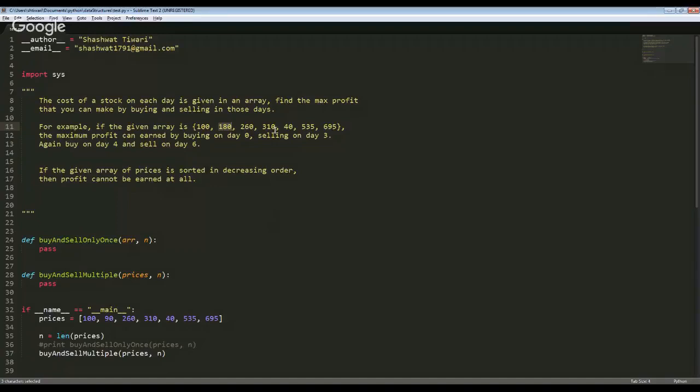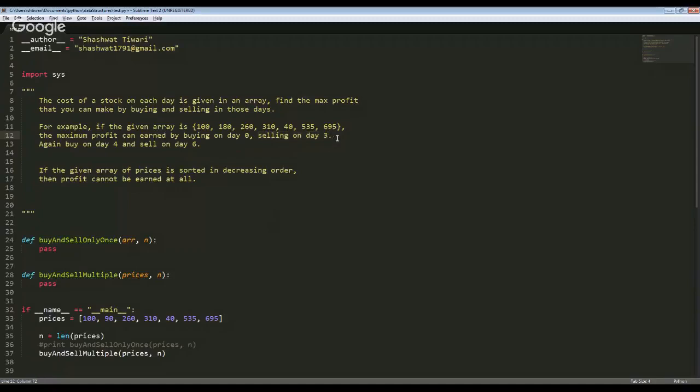So the question is that we need to find the maximum profit that we can earn by buying and selling the stocks on multiple instances, right? When we say buying and selling, for this example, you can buy the stock on day 0 and then sell the same stock on day 3.